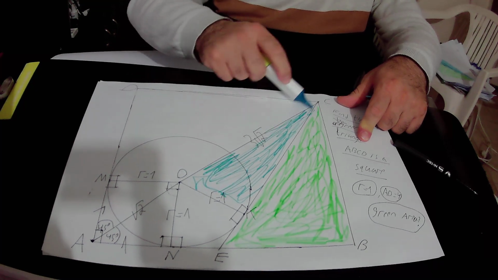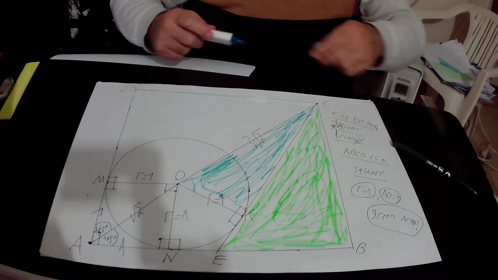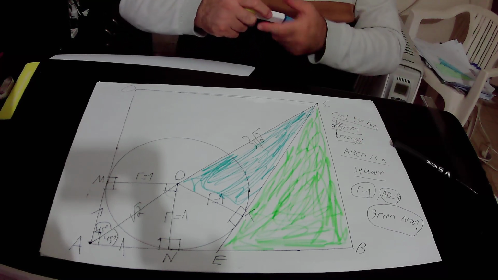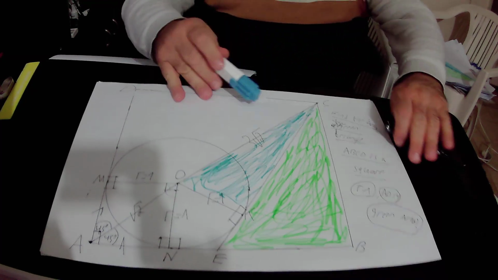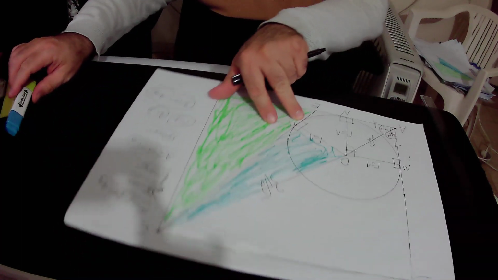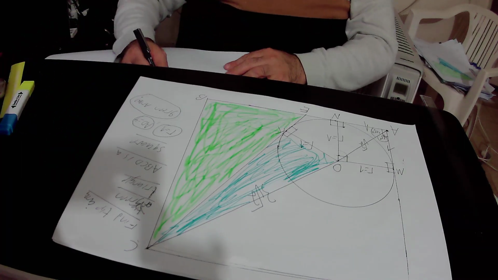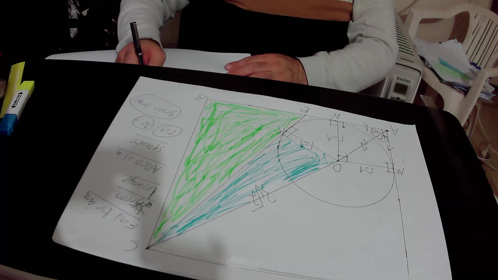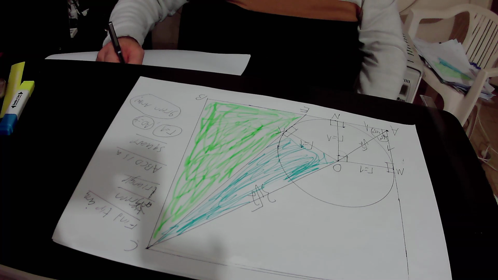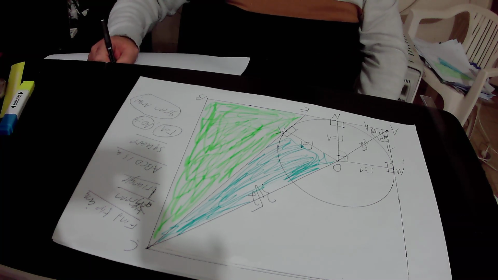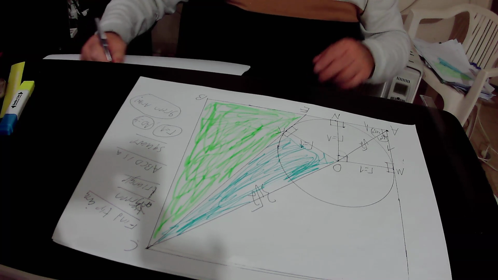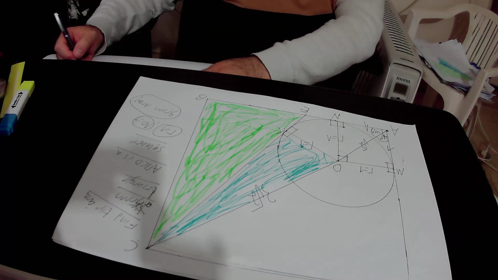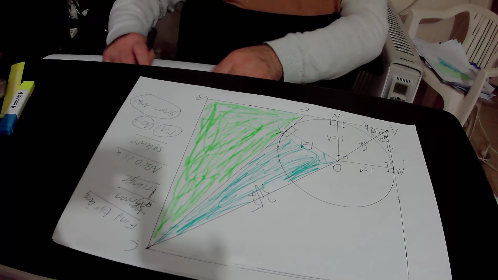In the blue right triangle, triangle COK, according to the Pythagoras theorem, the square of the hypotenuse equals the sum of the squares of the perpendiculars.